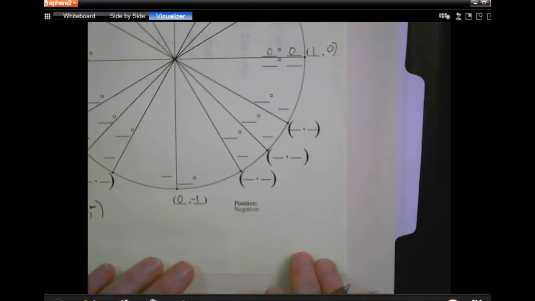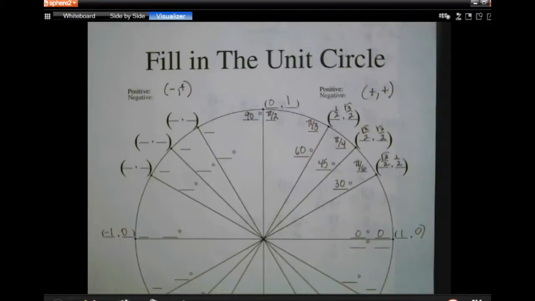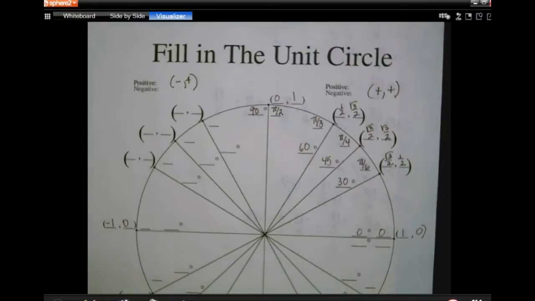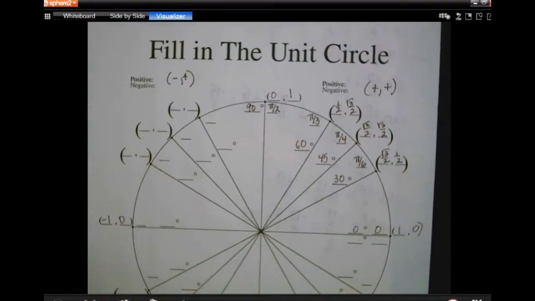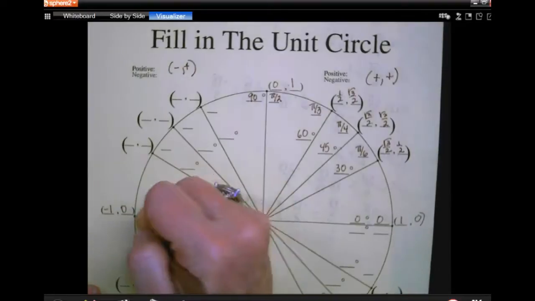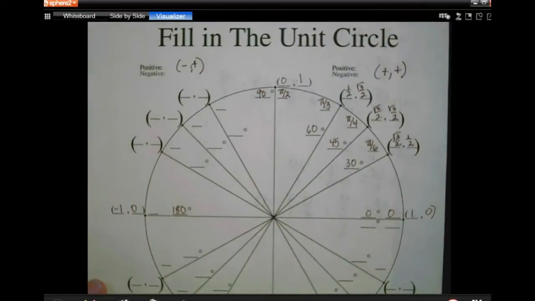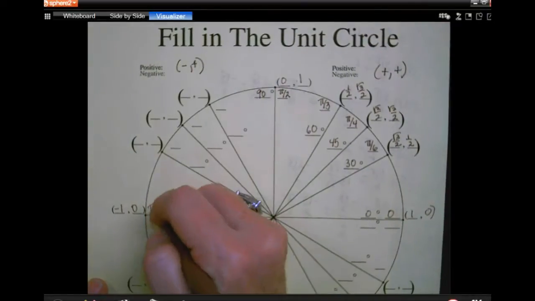And this one is positive, negative. Okay, so this one is 180 degrees over here, and the radians for 180 degrees is pi.